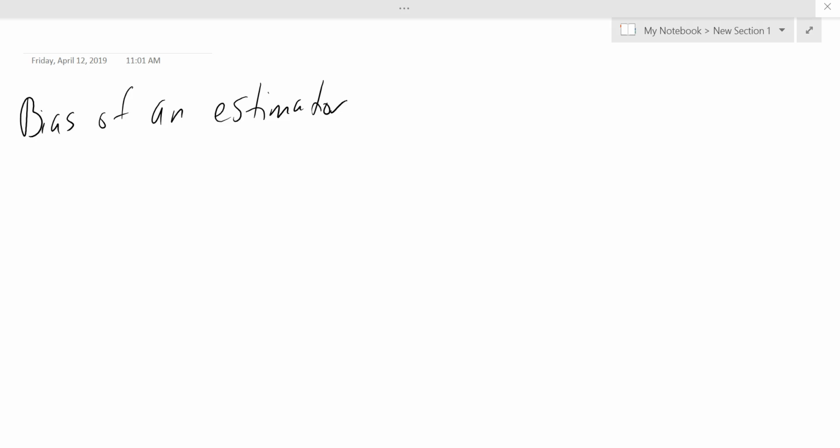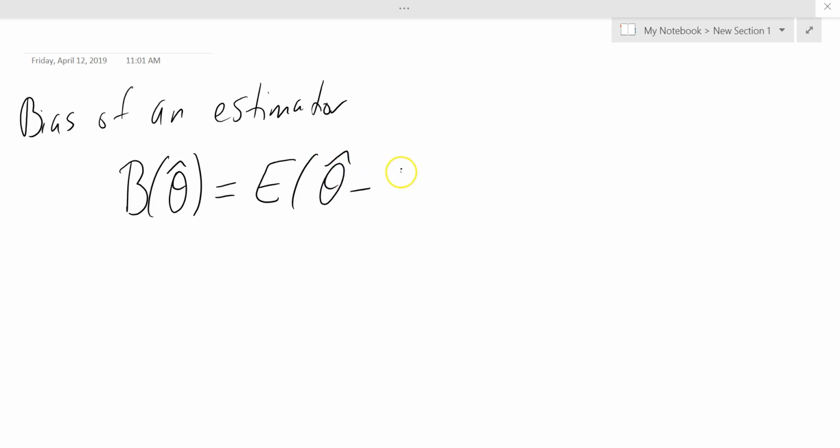As far as the bias of an estimator goes, we say that the bias of an estimator for a parameter theta, so I'm going to use theta as the parameter, I'll put a hat on my theta to denote the estimator that we're using. The bias of that estimator is defined as the expected value of the estimator minus the actual parameter.